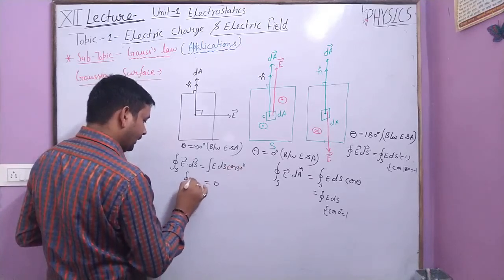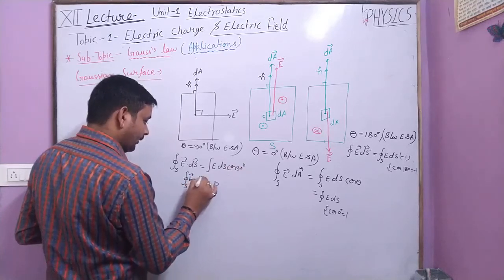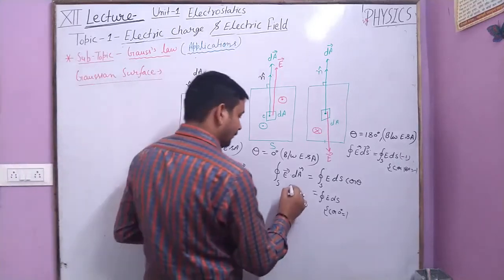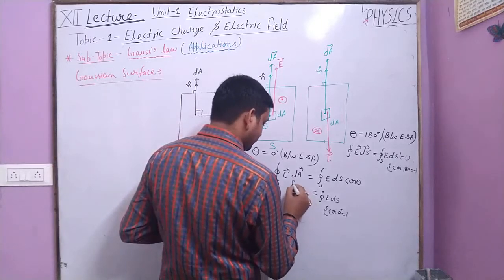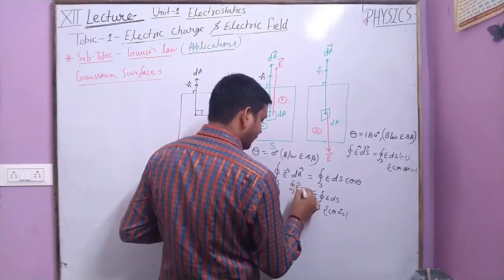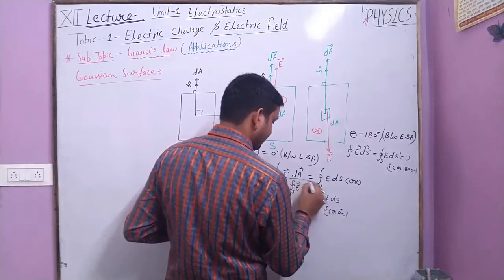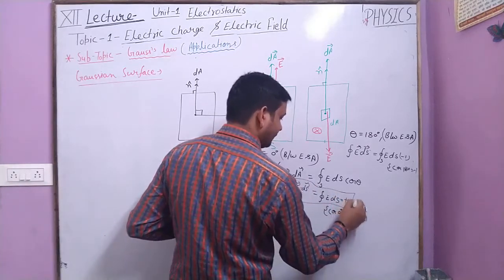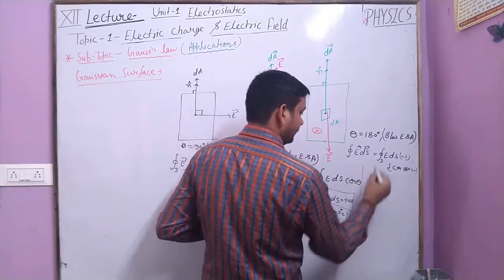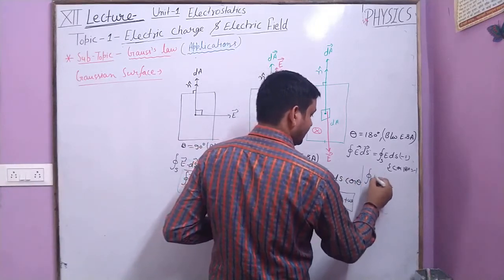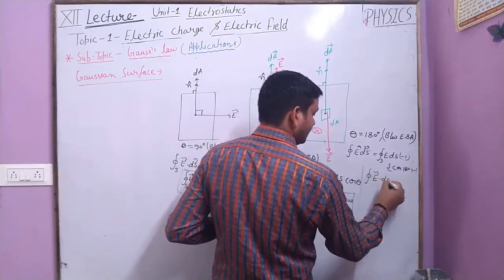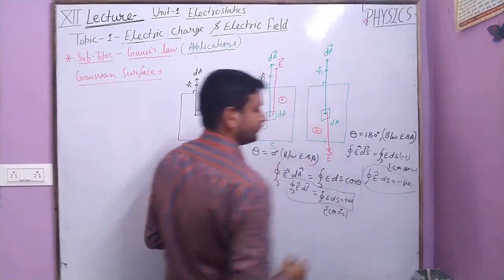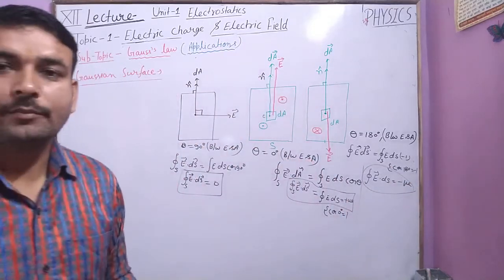So I think you can easily understand the basic three situations for which the electric flux is maximum and the electric flux is minimum. Okay, these are some cases.